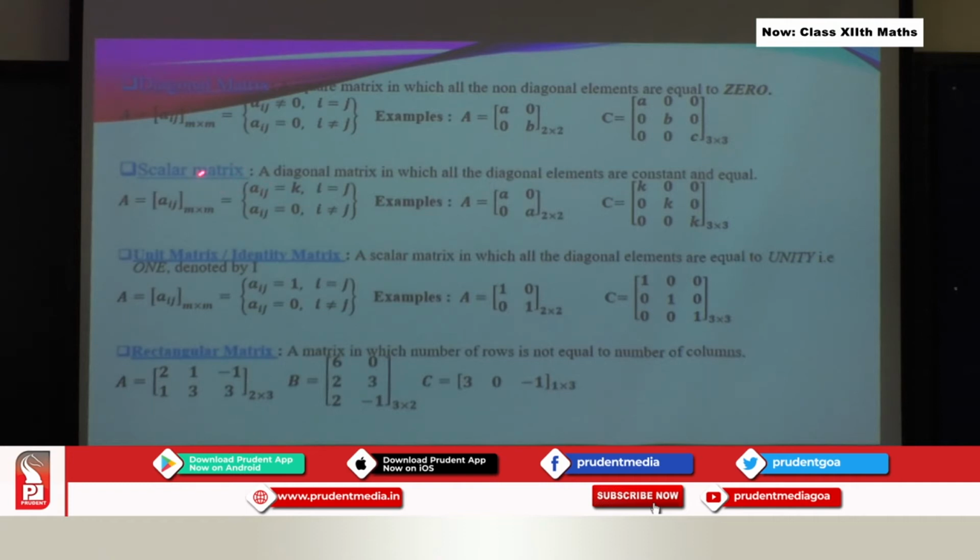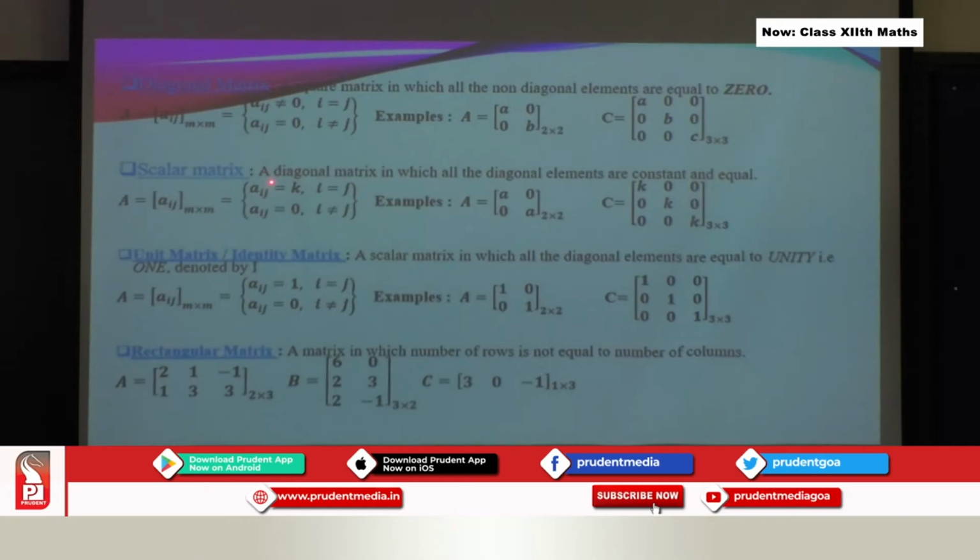Scalar matrix. Now to say the given matrix is a scalar matrix, first of all I need to have it as a diagonal matrix. Now when you say it is a diagonal matrix, it is a square matrix. So remember, when you talk about a scalar matrix, it's supposed to be a diagonal matrix, and when we talk about a diagonal matrix, it has to be a square matrix.